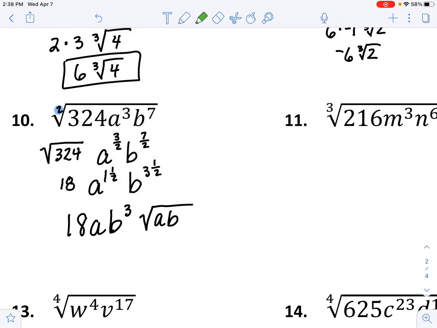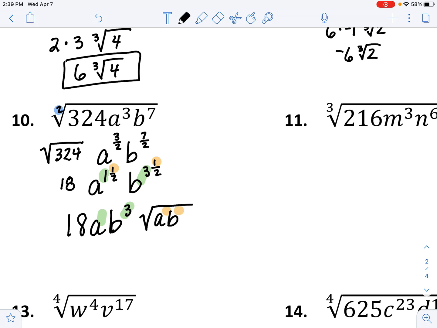If you're a little bit confused, here's what I did. Here's a to the first. You don't have to put the 1 there, but you can. B to the third. So the big number of your mixed number is what is out of your radical. And then the numerator of your fractions tell you how many is inside.